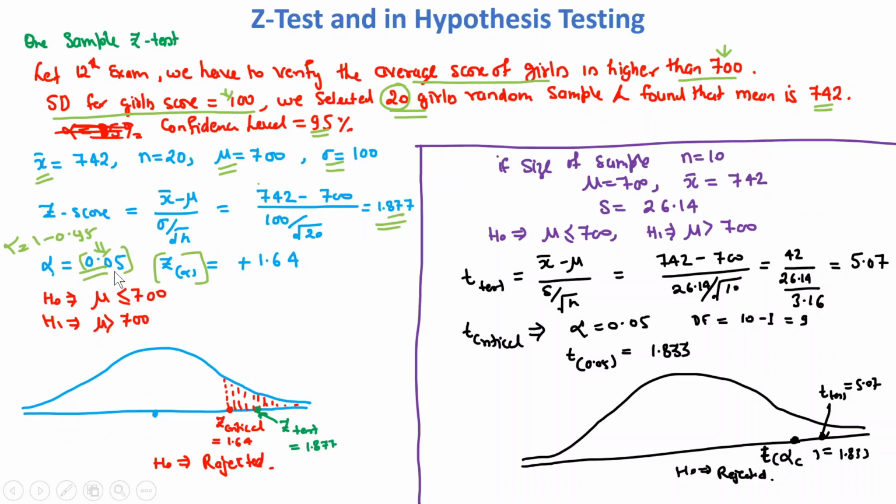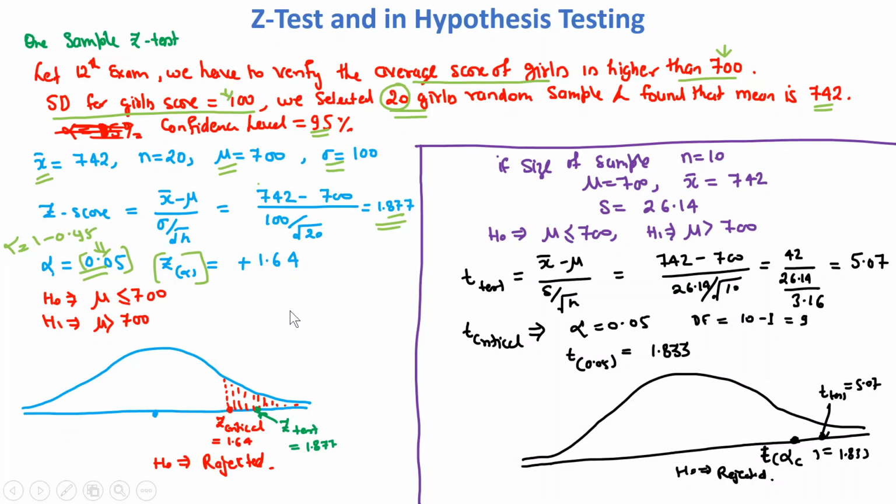We are getting the positive value 0.05, but we have to calculate the z value corresponding to alpha 0.05, which means the right side. The critical value should be positive, but the z table always gives values corresponding to the left side.